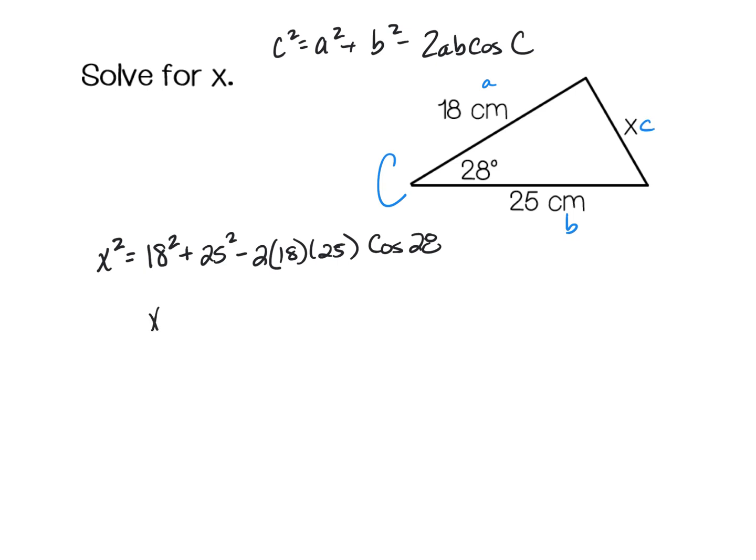I get x squared equals 154.347, and some more numbers. Again, I need to take the square root, so I get x equals 12.4. So that side length is 12.4 units long.